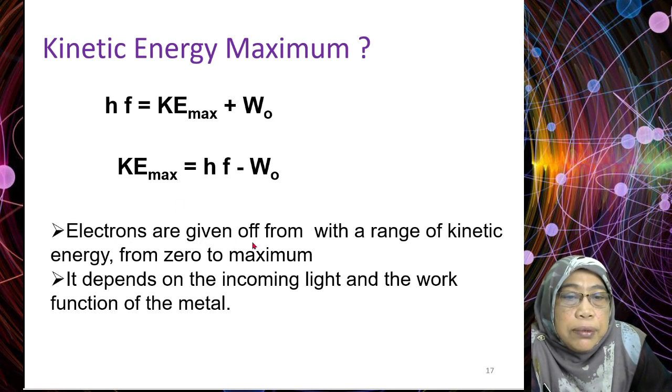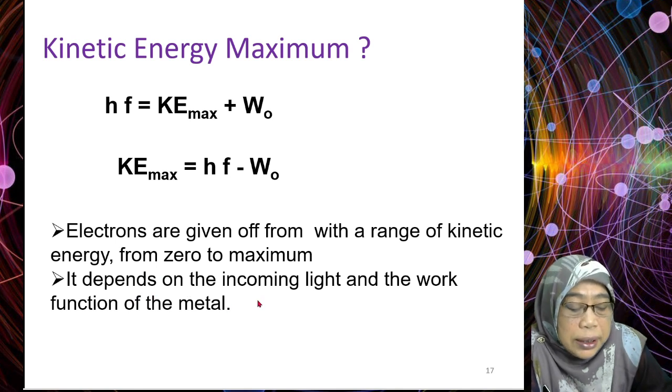So electrons are given off with a range of kinetic energy from 0 to maximum. So the electrons ejected from the metal have velocity from 0 to a maximum value. It depends on the incoming light, which is the photon energy, and the work function of the metal.